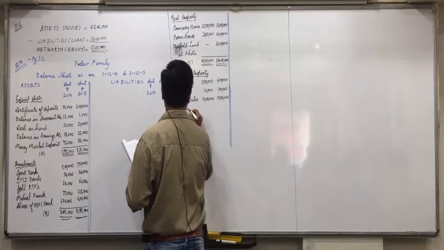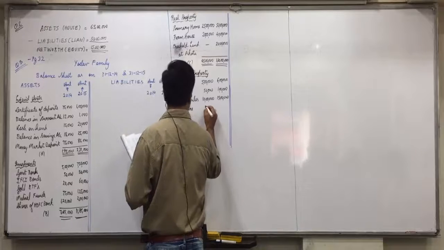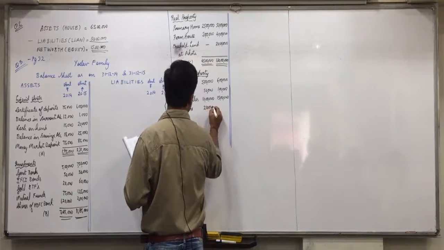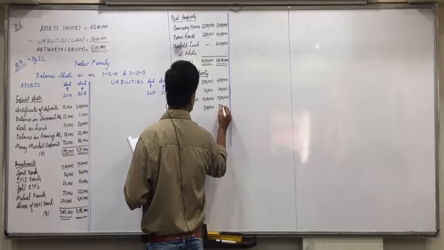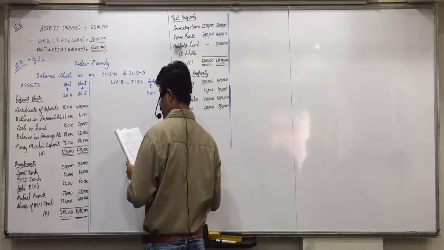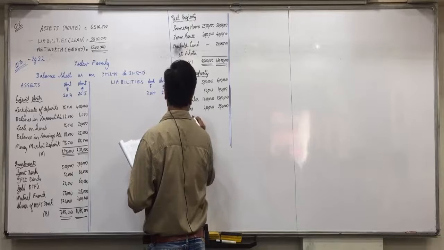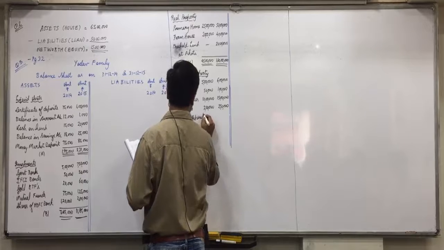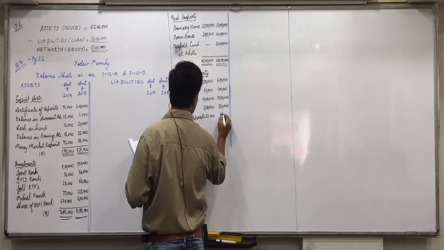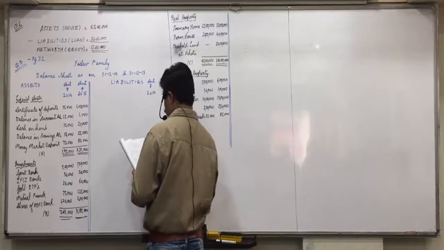Furniture, 2 lakh 50,000 in both the years. Clothes and apparels, 25,000 and 85,000. Okay, that's it.